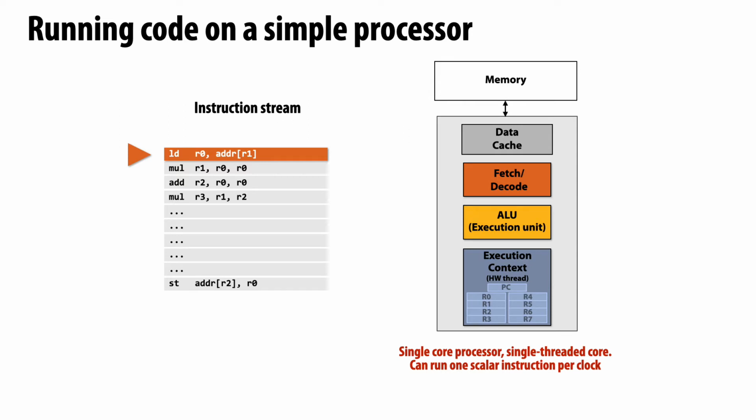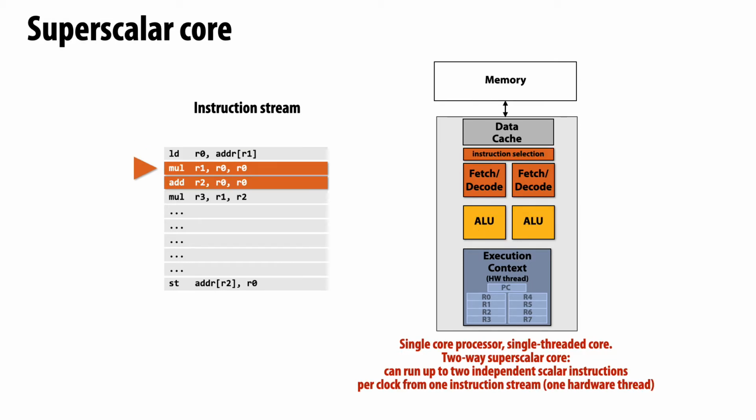Now we talked about this idea of superscalar processing. A superscalar processor adds the ability to process more instructions at once. So now I've changed my processor. It's still a single core. It's still a single threaded core, but now it supports two-way superscalar execution, which means it can fetch and decode 2 instructions per clock.